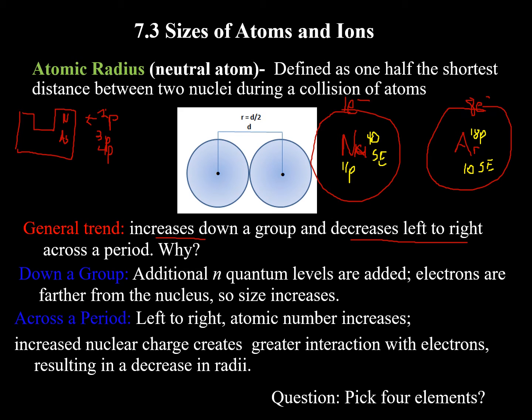So again, there's a stronger pull from the argon. Same number of shielding electrons, therefore the stronger pull will bring in these 8 electrons closer to the nucleus. So argon will be smaller than sodium.